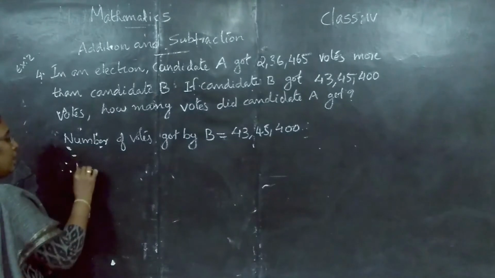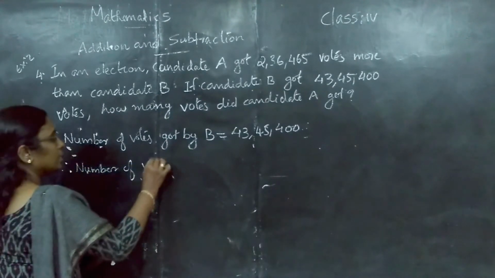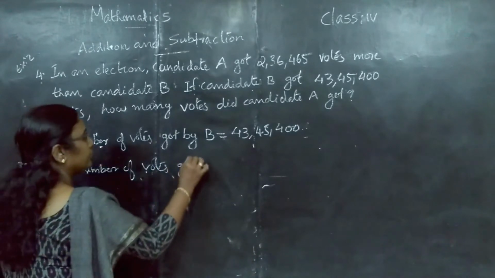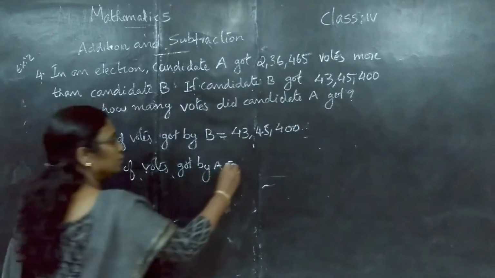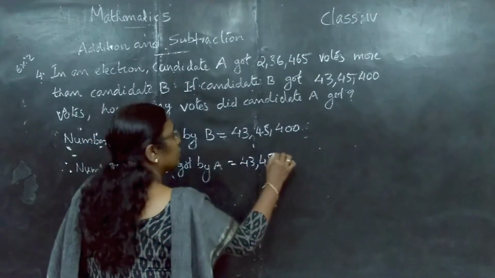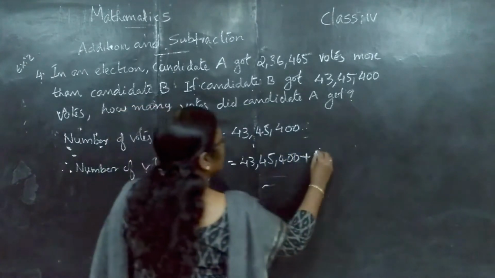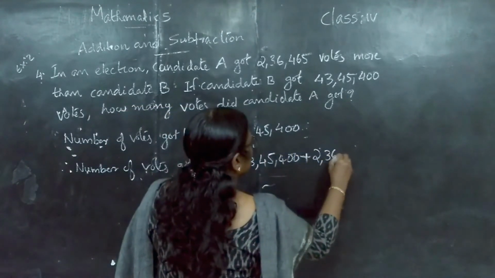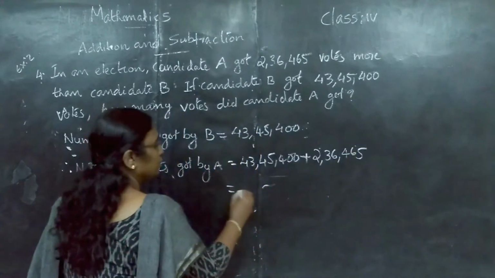Therefore, number of votes got by A equal to 43,45,400 plus 2,36,465.